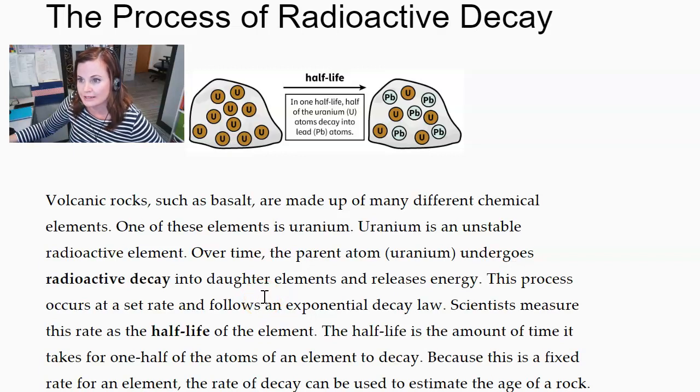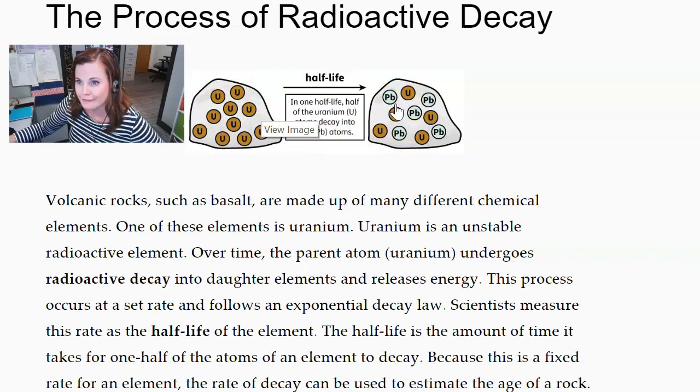But in a radioactive element, the protons and neutrons want to leave the nucleus, and that changes what that atom actually is. In this example, uranium is changing into lead.